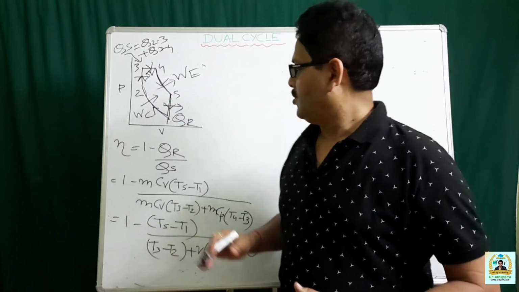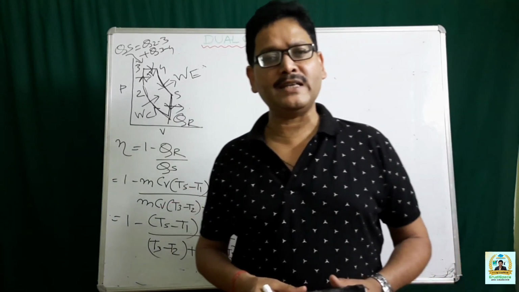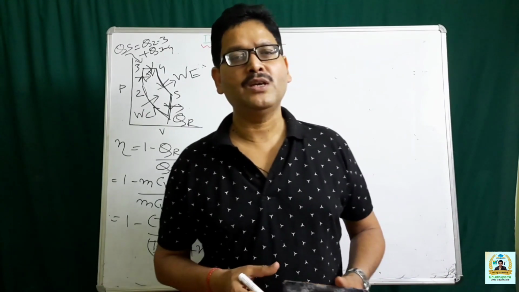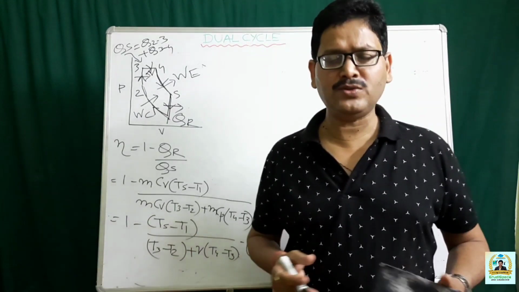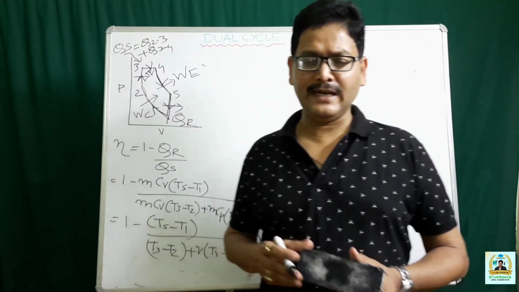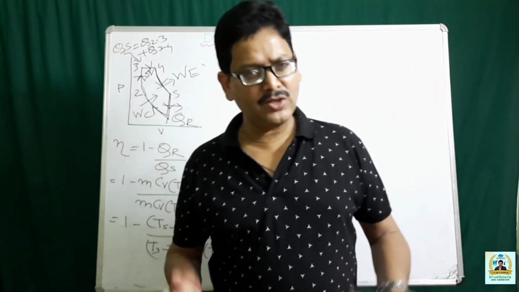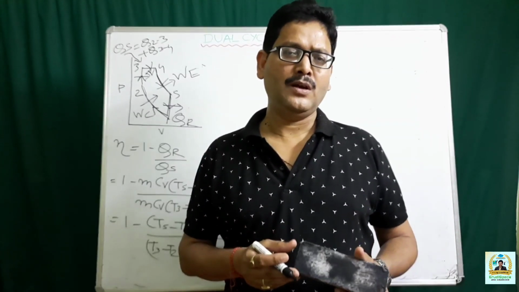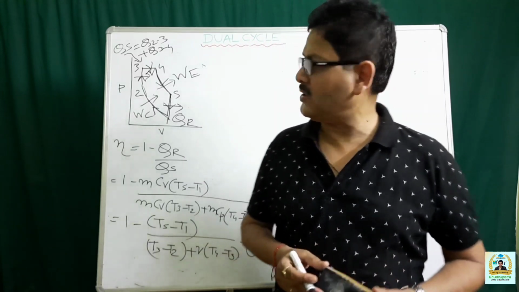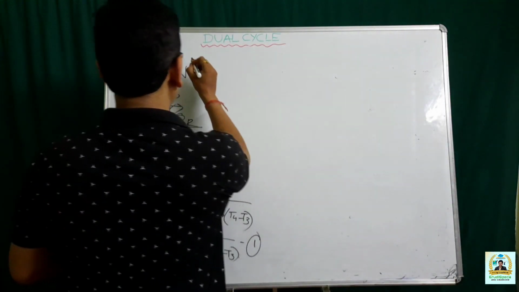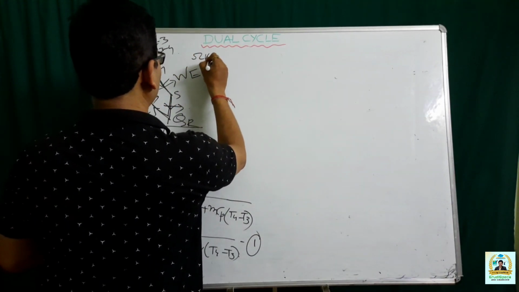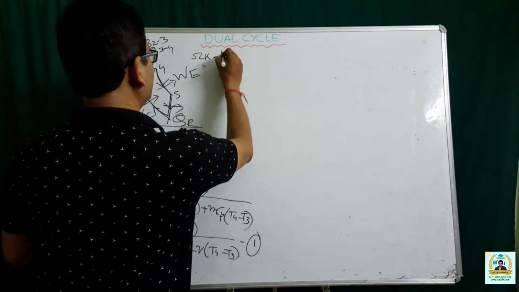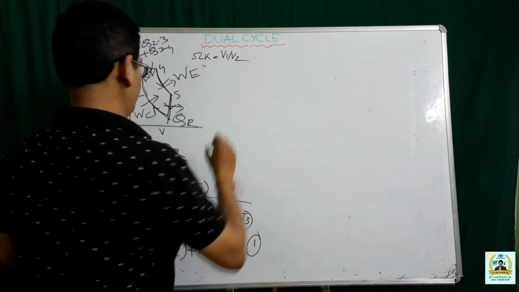So now we will derive an expression for the air standard efficiency of the dual cycle in terms of different ratios. Here we will consider 4 ratios, and these ratios are your compression ratio, your expansion ratio, your cutoff ratio, and your constant volume pressure ratio. First, you have the compression ratio denoted by Rk, and that is V1 by V2.